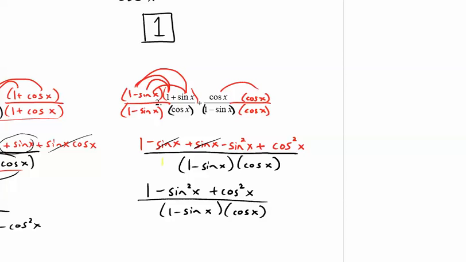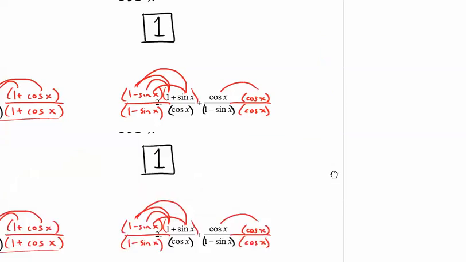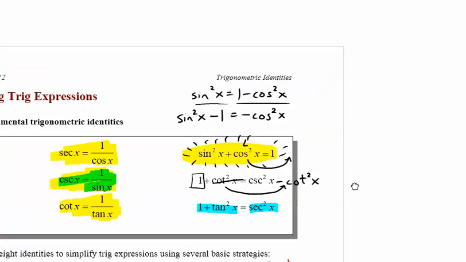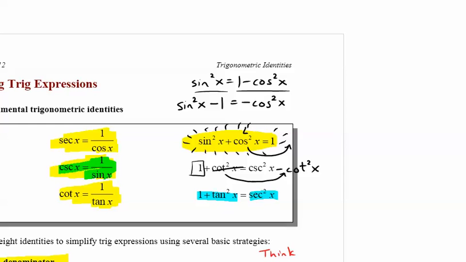Now I think I can replace 1 minus sine squared x with something. Let's check the top. So if I move the sine squared to the other side, then what I get is 1 minus sine squared is equal to cos squared.